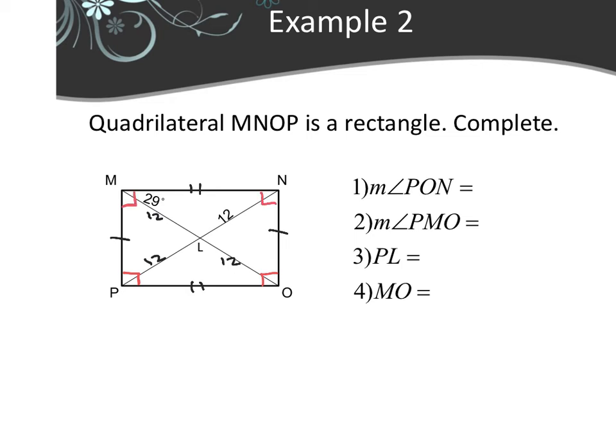So let's go see if we have enough information to start answering questions. So it wants me to find the measure of angle PON. PON is this little right angle right here. So it's 90 degrees. PMO is going to be this angle, only part of it.